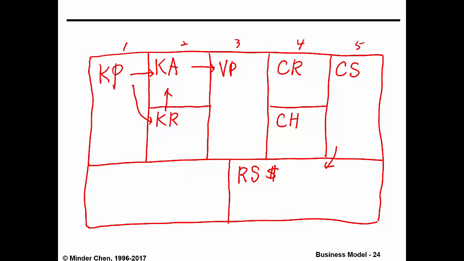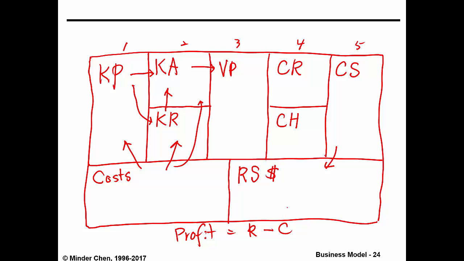So that's the key partner. And you do need to pay to acquire the resources and pay the partner or even your own employees in performing the activities. That's where the cost will come in. And your profit will basically be your revenue minus the cost. And hopefully you will have a positive cash flow very soon.